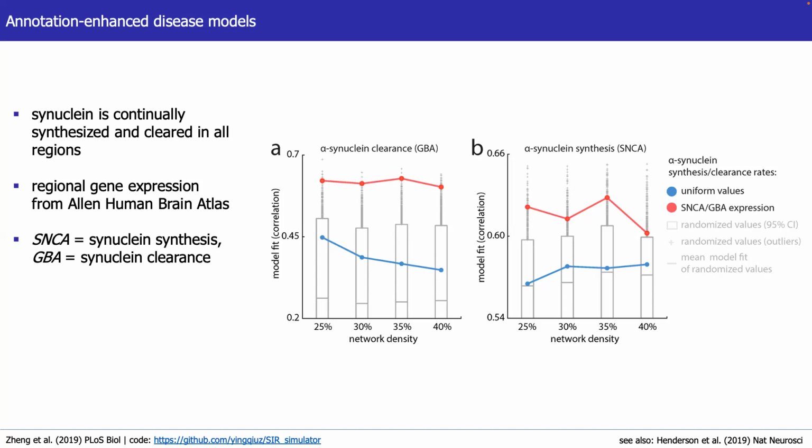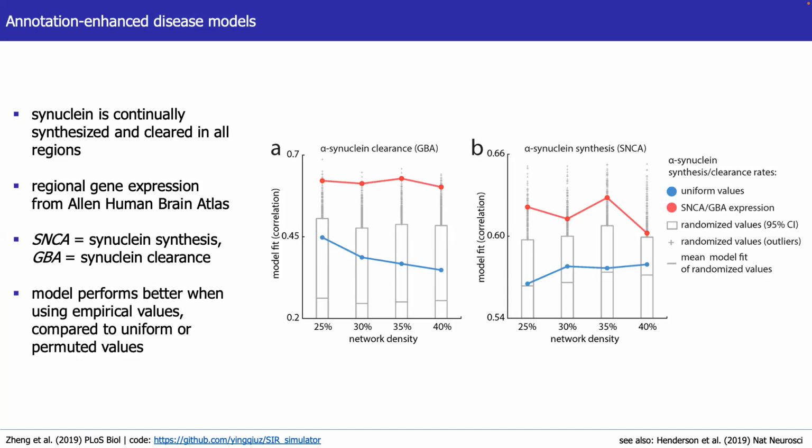It doesn't actually involve an additional parameter or anything like this. But that's what you can see in red. Those models tend to perform a lot better. And in gray are null models where we control for spatial autocorrelation and a few other factors. But again, the idea is by incorporating biological metadata into computational models, you can make more veridical models.